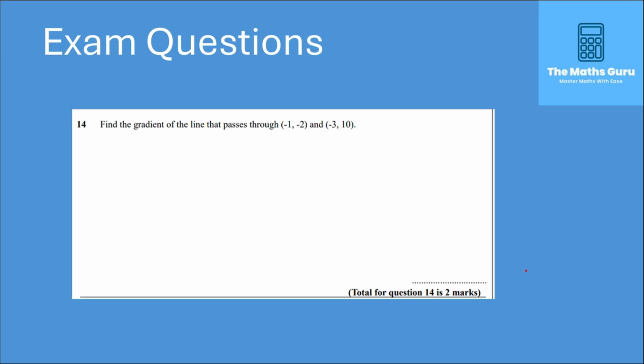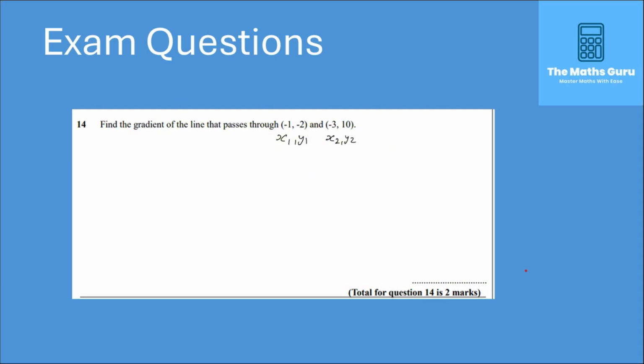Moving on to the next question, we have: find the gradient of the line that passes through minus 1, minus 2, and minus 3, 10. So first things first, we label our coordinates and say x1, y1, x2, y2.